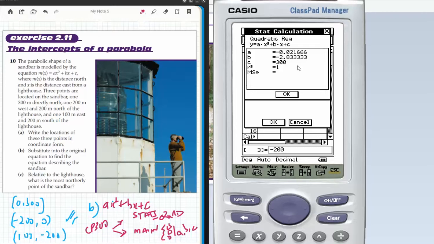Okay, in Graphs and Tables and in Stats, the calculator won't give exact answers if the answers are decimals or not rational.